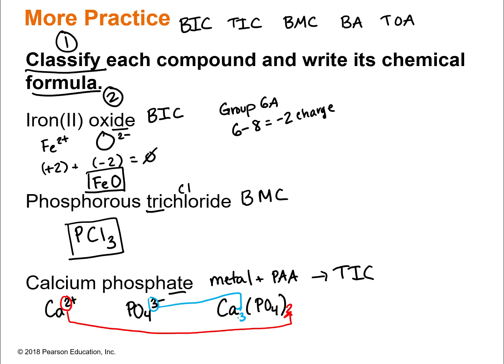If I have 3 ions of calcium and 2 phosphate ions, then I should have an overall 0 charge.